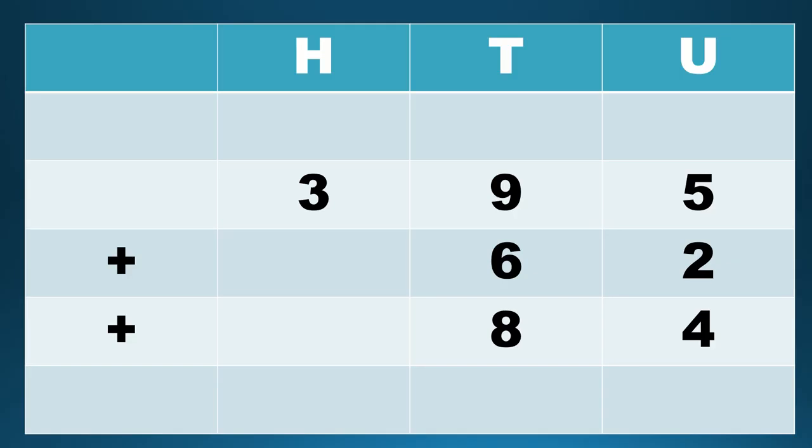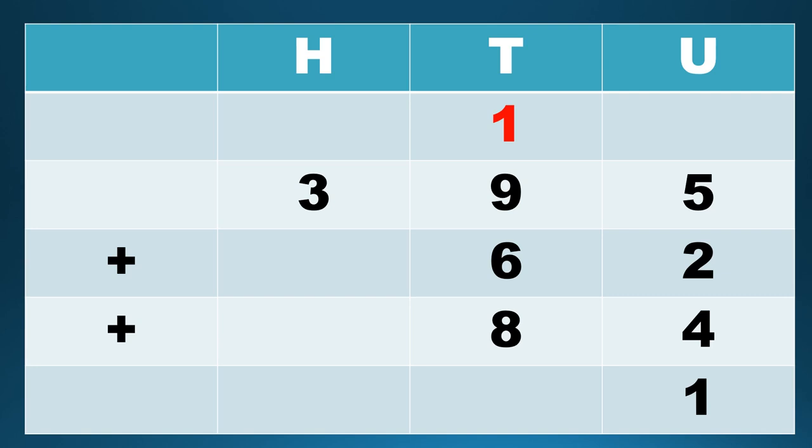Let us now add 395 plus 62 plus 94. So we begin by adding from the units place. 5 plus 2 plus 4. The answer is 11. So 1 is in the units place and you carry over 1 to the tens place. So we have 9 plus 6 plus 9 plus 1, the carryover.